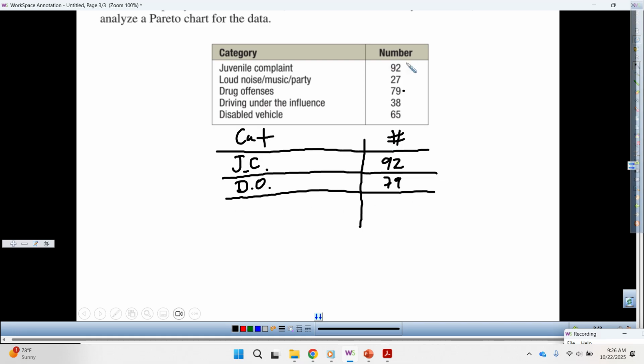So we got 92, 79. What's next, Adrian? Help him out, Moses. 65. All right, so I think I'm going to have to move Moses and Adrian to the front. Disabled vehicle. That's 65.